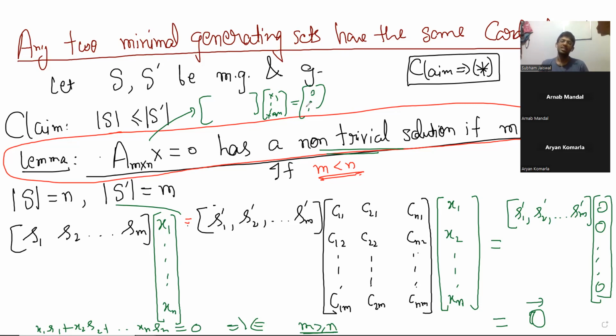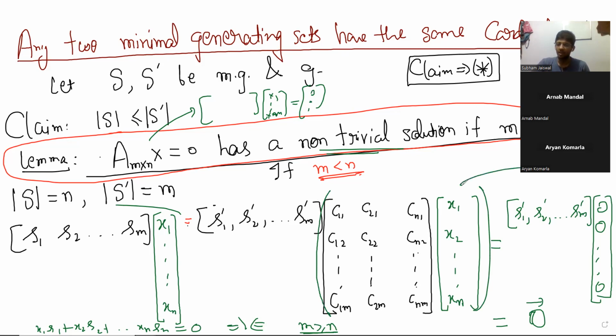Now the proof is good, right? It is simple now. When you put it in, it gives us the zero vector. Then the last line. The right hand side gives you a 0 vector.